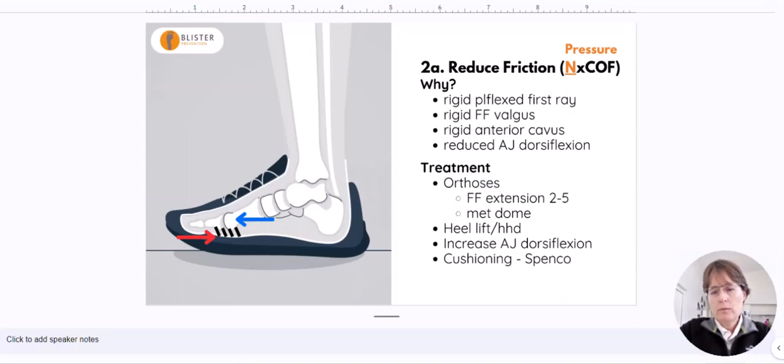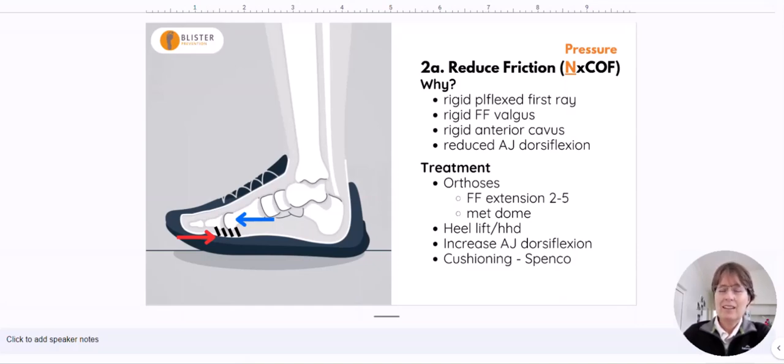To reduce pressure, I'd like to think that we all are pretty good at this, so we could use orthoses, a couple of things in terms of orthotic prescription variables. We could look for a forefoot extension 2 to 5 again, a met dome, heel lift and a heel height differential on the shoe. Some people think that if you lift up the heel, you're putting more weight on the ball of the foot.